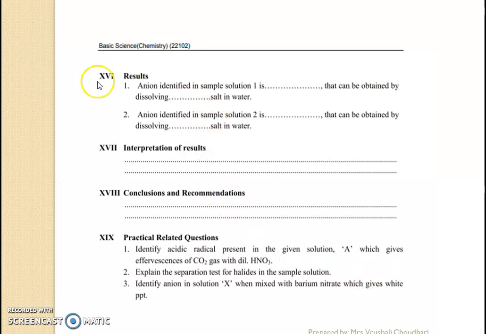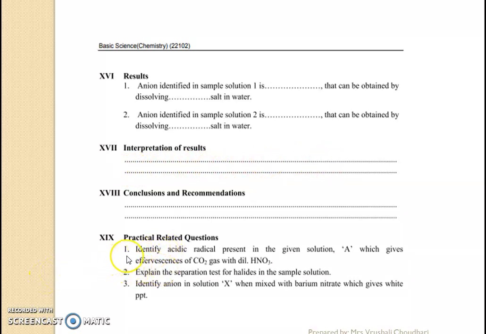We are going to write the result in this format. Anion identified in sample solution 1 is SO4 2-. That is obtained by dissolving FeSO4 salt in water. Sample interpretation: sample solution 1 contains SO4 2- anion.